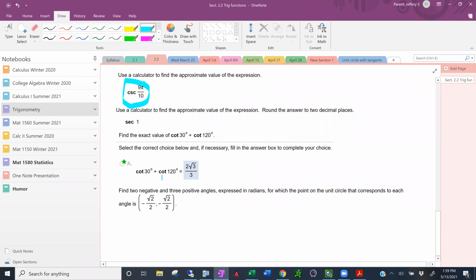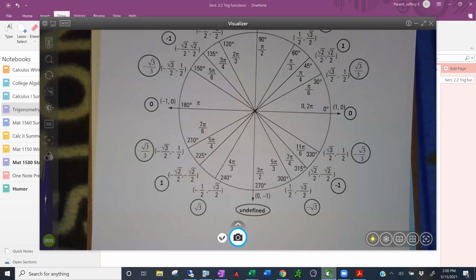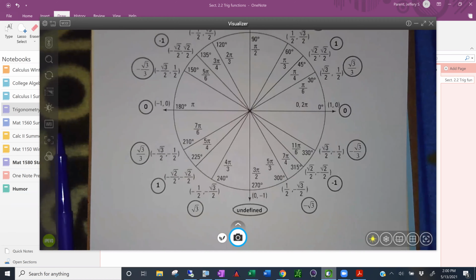Let's stick with negative angles here, or should we stick with our work on angles? It says find 2 negative and 3 positive angles expressed in radians for which the point on the unit circle corresponds to each angle. First, let's figure out where that is on our unit circle. What quadrant does our point have to be in?